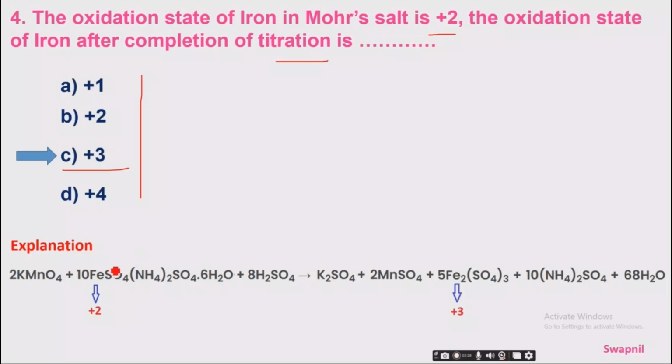In Mohr's salt, iron is in +2 oxidation state. This iron then forms Fe2(SO4)3. In this compound, the iron is in +3 oxidation state. It is ferric sulfate. So the correct option is option C.